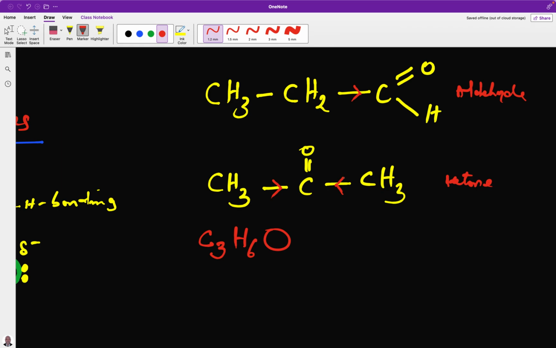There are two electron donating groups on the ketone. For that reason, it makes the oxygen on the ketone have more negative charge than the oxygen in the aldehyde. And for that reason, the carbon-oxygen group in the ketone is more polar than the carbon-oxygen group in the aldehyde.